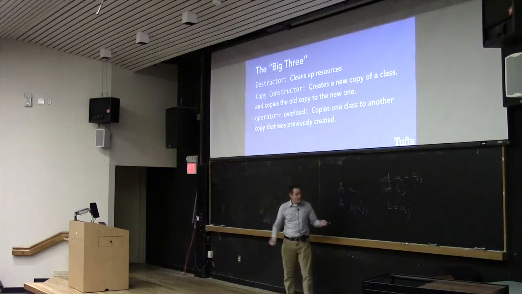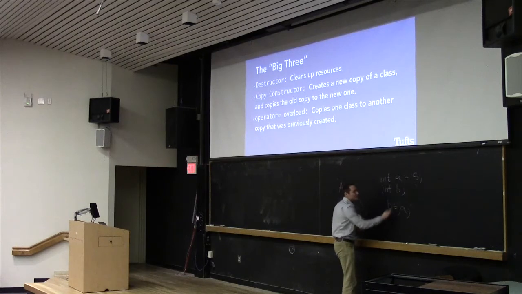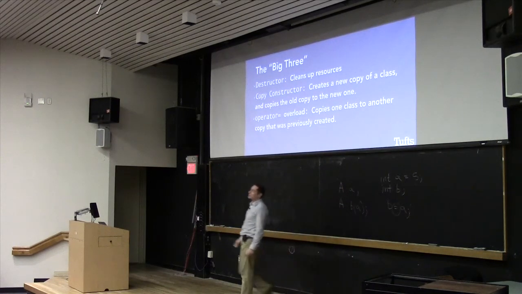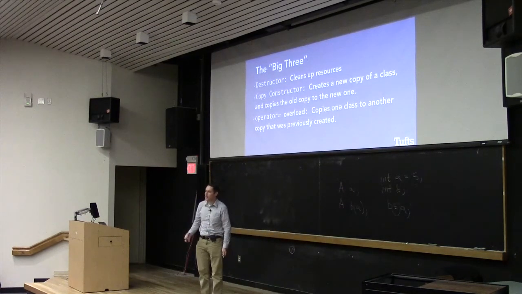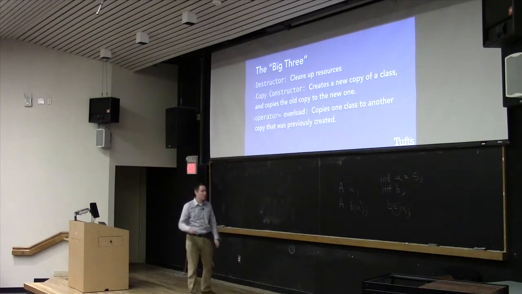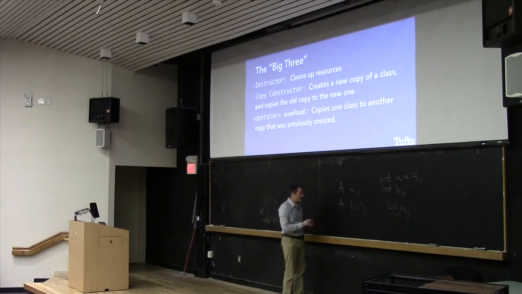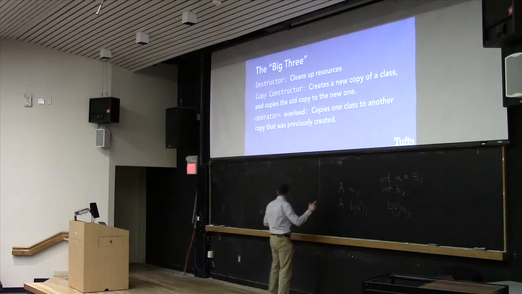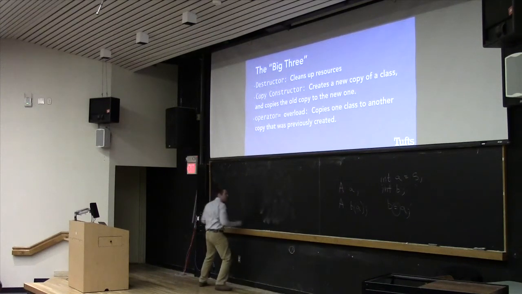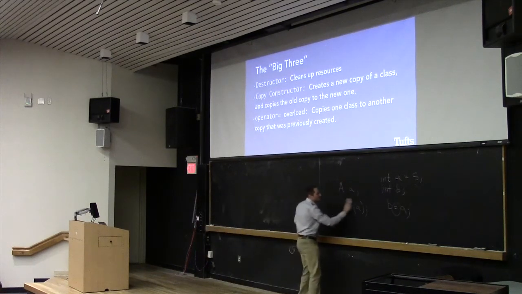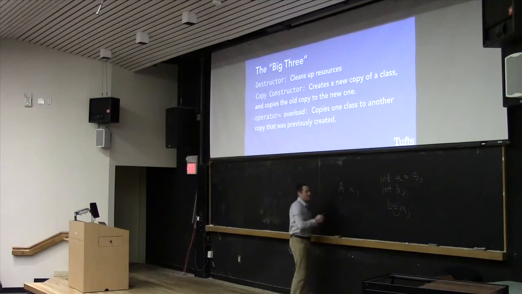So far, so good? That equals sign, in C++, is able to work for more than just regular old types like integers or floating point values or whatever. It will work for classes. So let's say you had a class, uppercase A, and then you made a little variable, lowercase a, which is a type of the class.